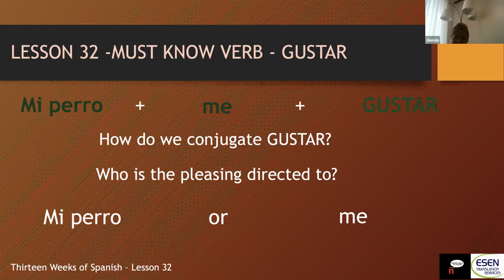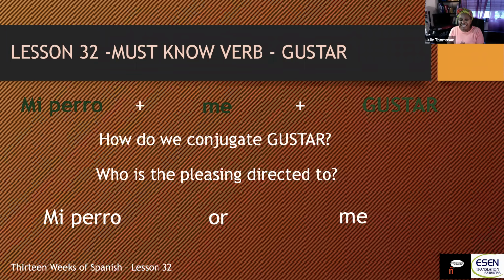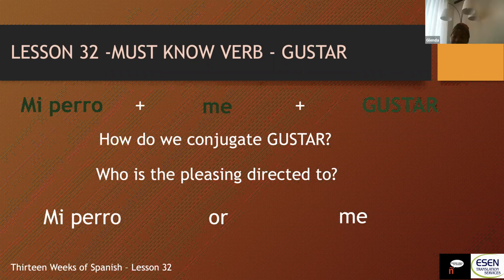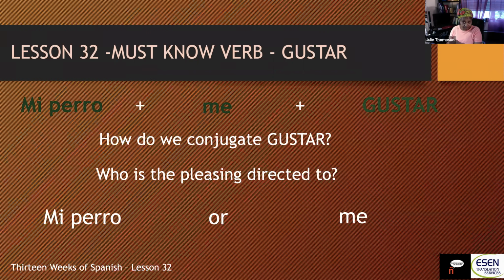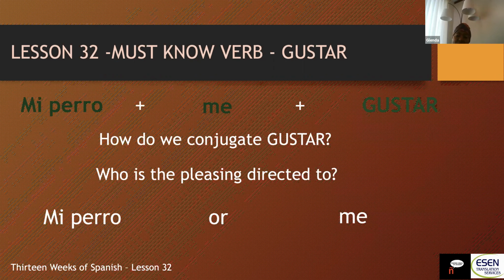Me. Why? Because the word pleasing has to do with me, not the dog. Well, who's doing the pleasing though? The dog. So if the dog is doing the pleasing, who's controlling the verb? The dog, not me.